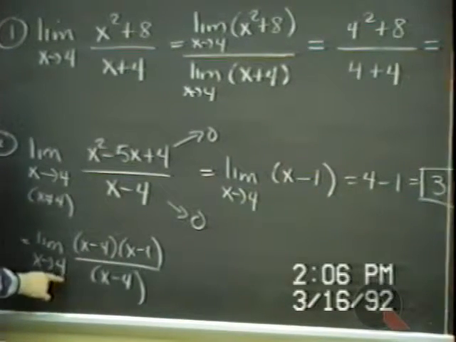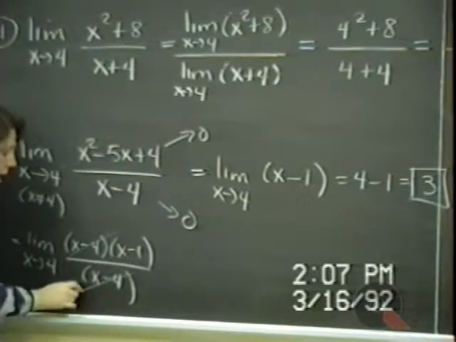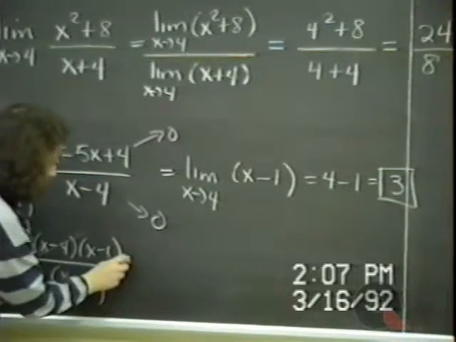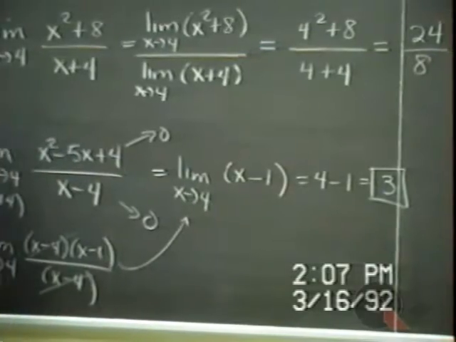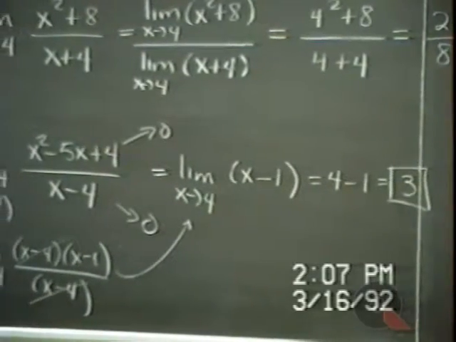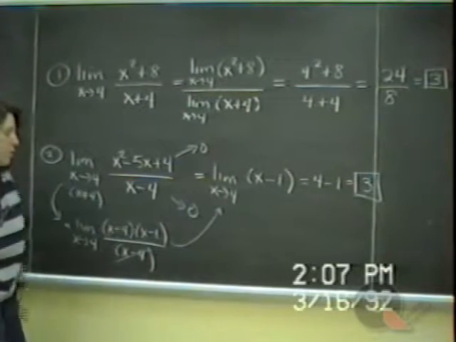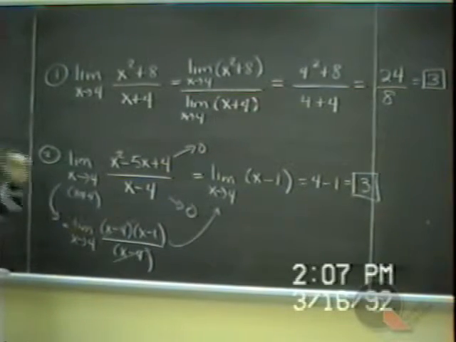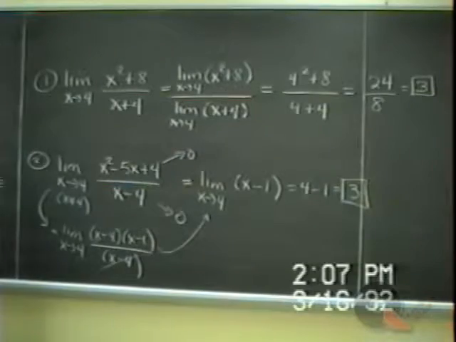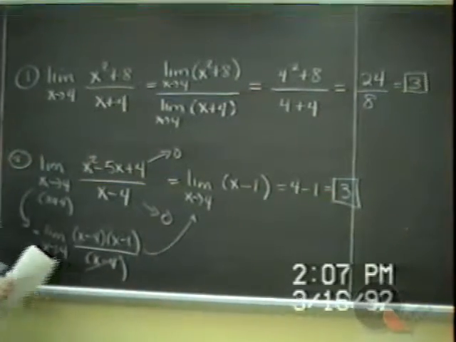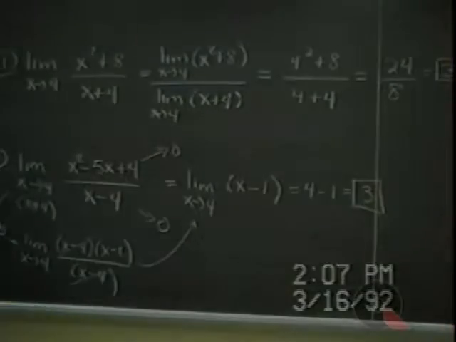So x minus 4 is not 0, and we can divide numerator and denominator by x minus 4 and then go back into this step. So we can eliminate sketching the graph and just do it algebraically here. But we understand that basically what we're trying to do is find a simpler function that looks just like this function so long as x is not equal to 4.